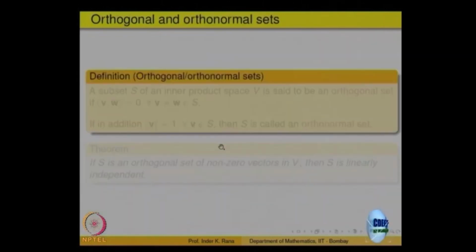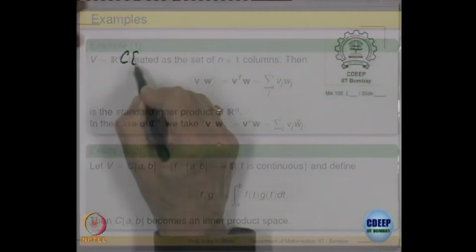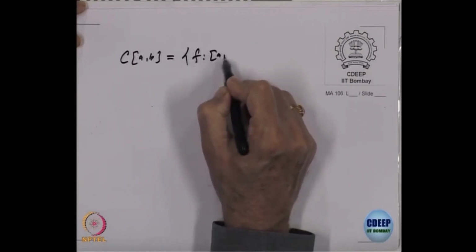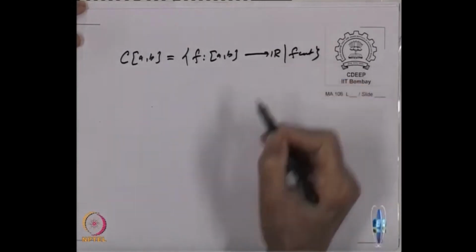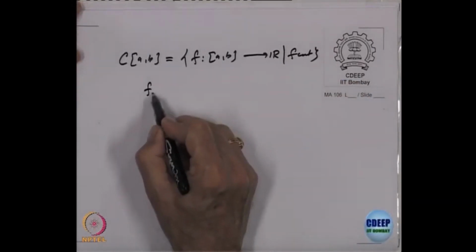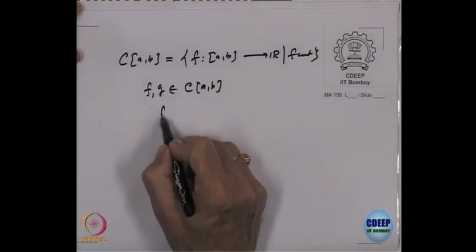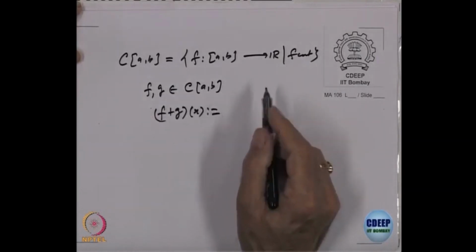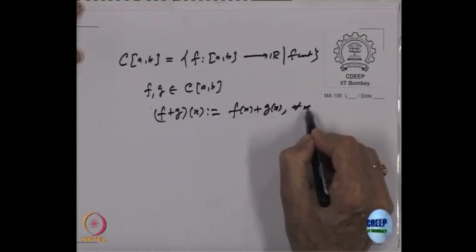Look at the space of all continuous functions C[a,b]. These are real valued continuous functions defined on an interval [a,b] to R, and f is given to be continuous. You can add them: any two functions can be added. F plus g at a point x is f of x plus g of x, for every x belonging to [a,b].